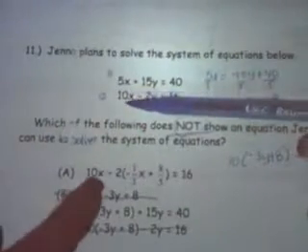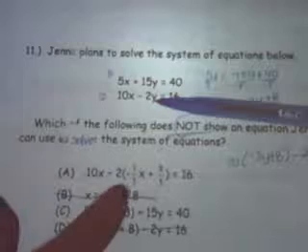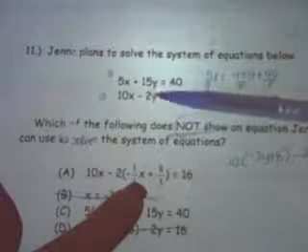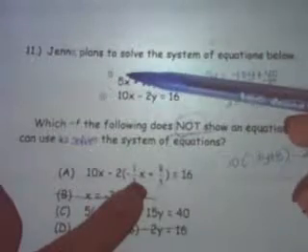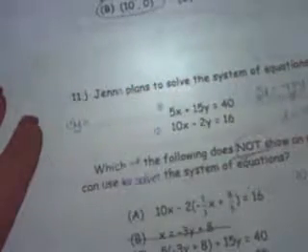Look at A. It looks like they started with equation 2, 10x minus 2, and they plugged in for y. If they plugged into equation 2, that means I need to solve equation 1 for y. So I'm going to have 15y equals negative 5x plus 40, divide by 15 on each side. So I'm going to have y equals negative 1/3 x plus 8/5.